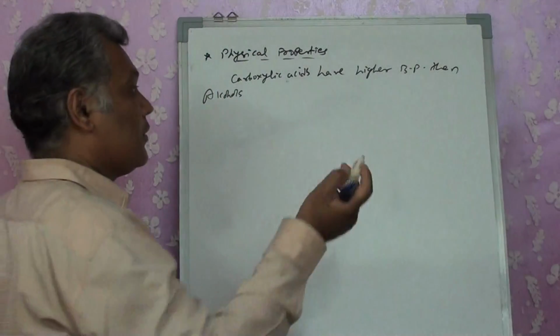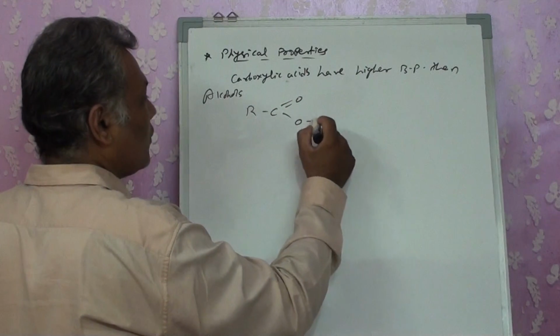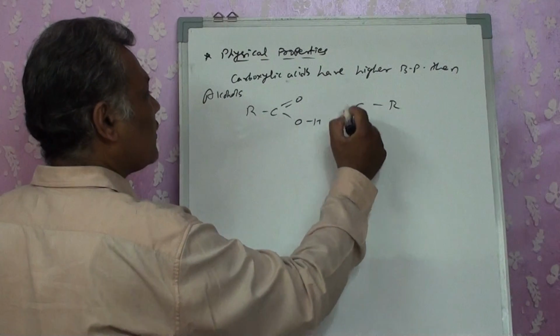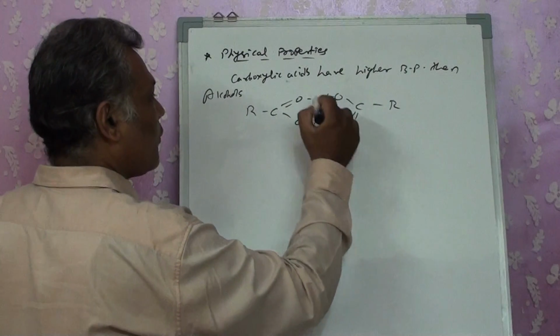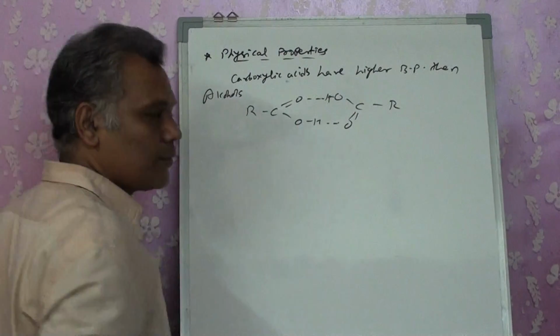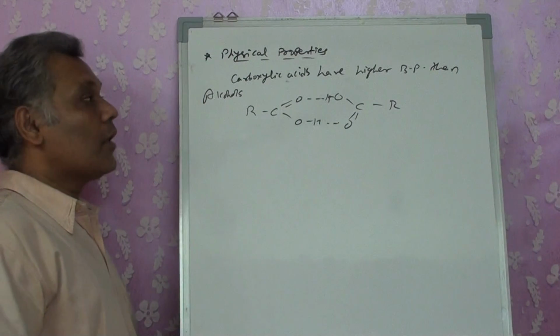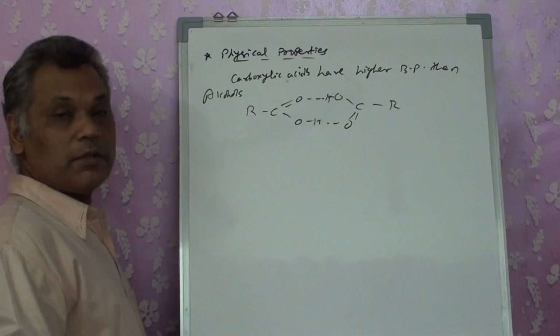The reason is, though both of them are producing hydrogen bond, carboxylic acid goes for dimerization. It produces two H bonds, and because of it, the boiling point and melting point of these carboxylic acids are higher than that of the alcohols, right?